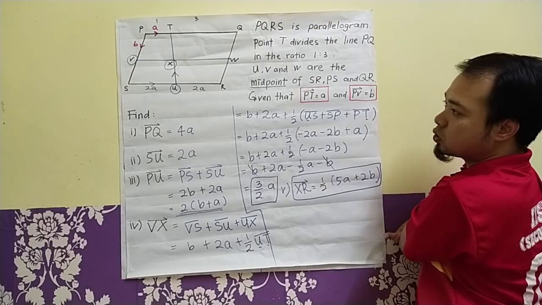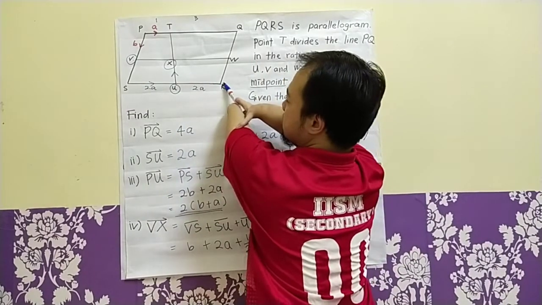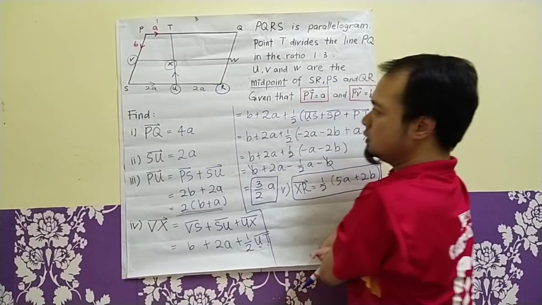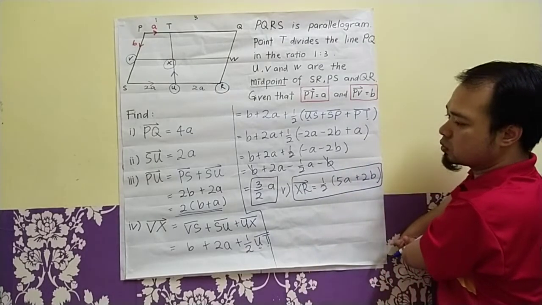This is the question from your textbook. So we need to prove this. X to R: this is X over here, R is here. So what can we do?